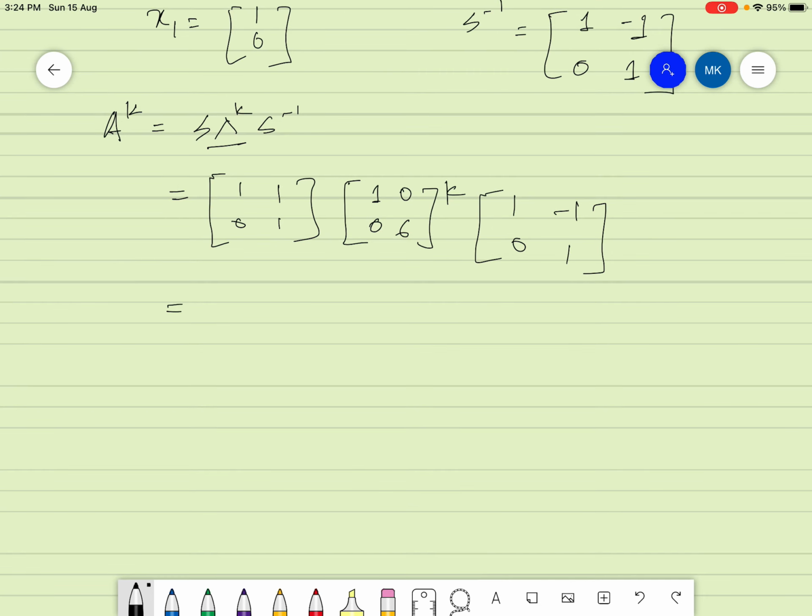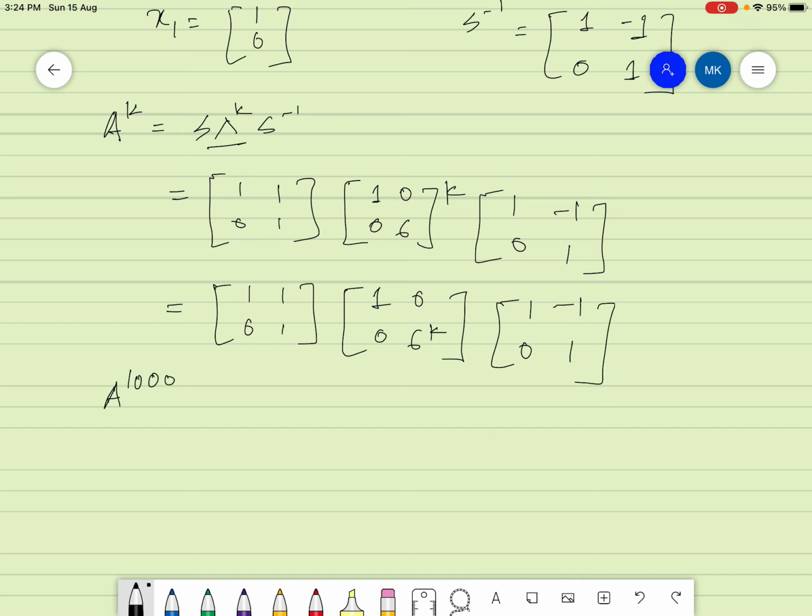So it should be [1 0; 1 1], then [1 0; 0 6] to the power k, and [1 0; negative 1 1]. So if you want to calculate A to the power 1000, then it has become really easy.